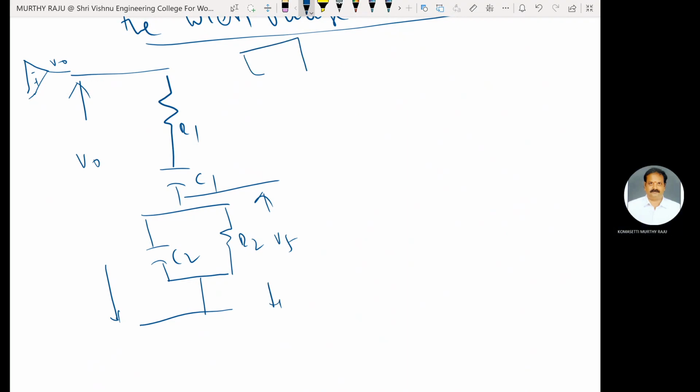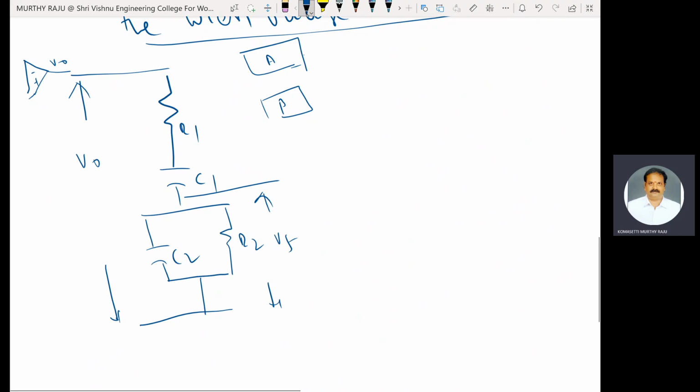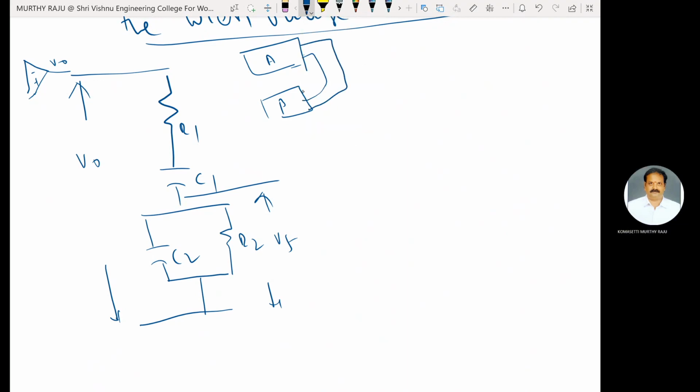This is the op amp gain A. This is the feedback network, lead lag network. Output of the amplifier network is V0. Output of the feedback network is VF. In that fashion, I have to connect this one.